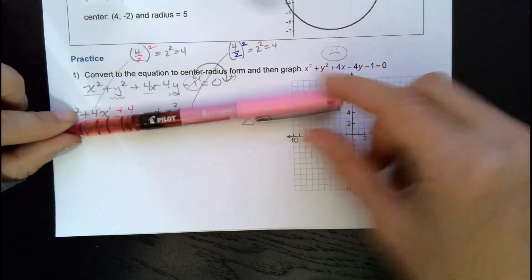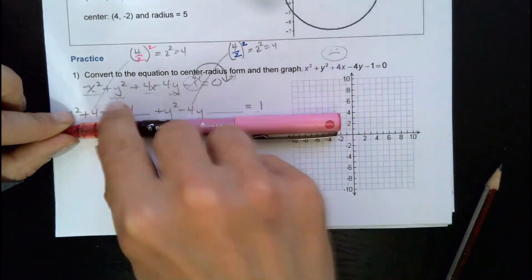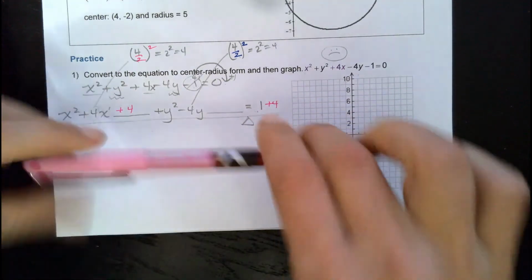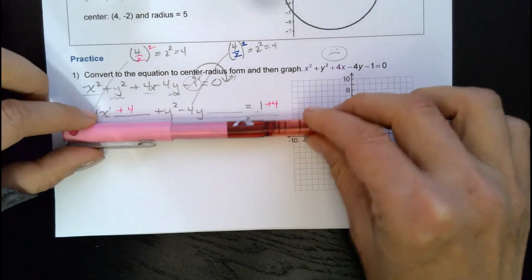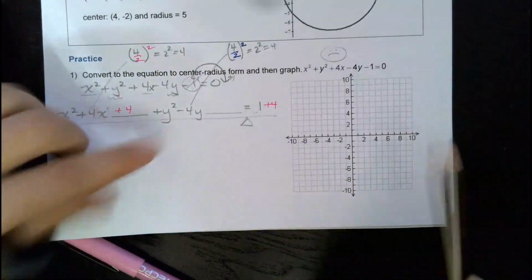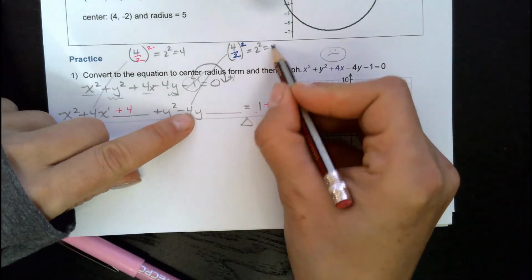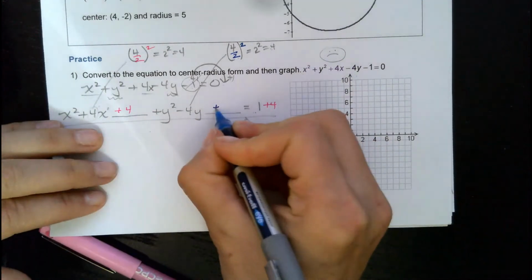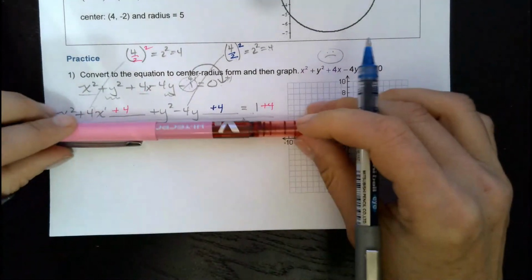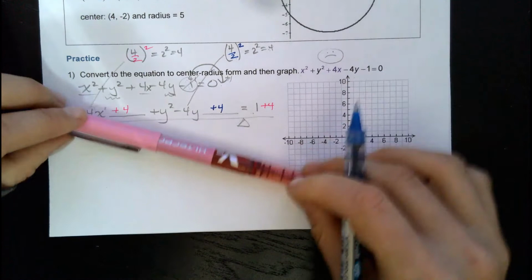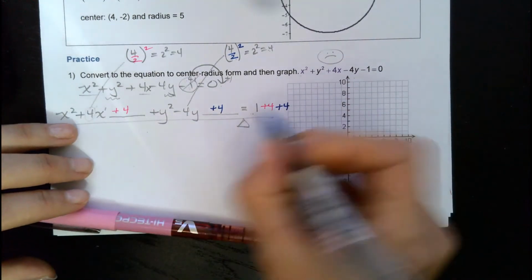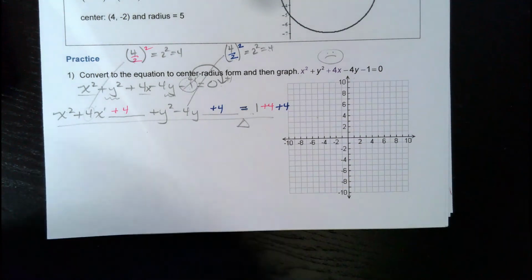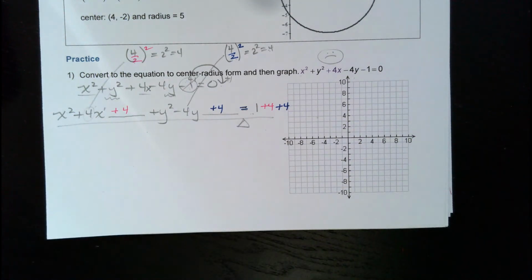So if I add 4 kilos here, I have to add 4 kilos to this side, and that keeps it nice and even. Now, to finish this, I have a 4, so I'm going to add 4 here. But again, if I add 4 kilos to this side, I must add 4 kilos to this side to keep it equal.